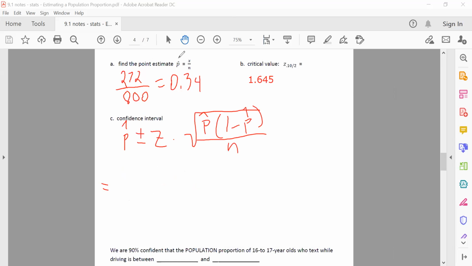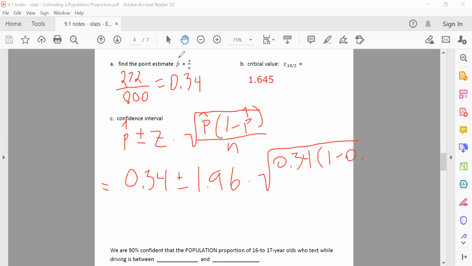So that's going to be 0.34 plus or minus 1.96 times the square root of 0.34 times 1 minus 0.34, all that's still in a square root, divided by 800. Now at this stage of the game, you're going to have to be kind of a calculator super whiz.